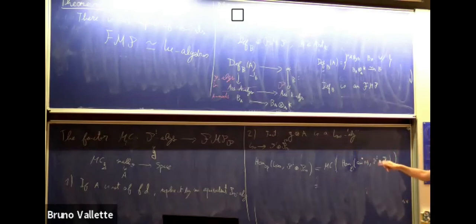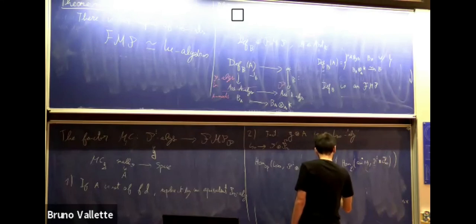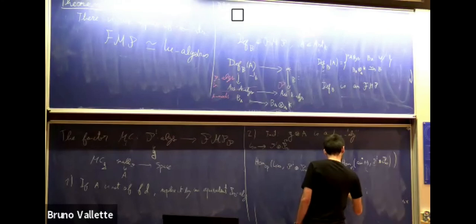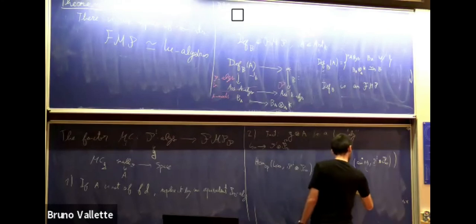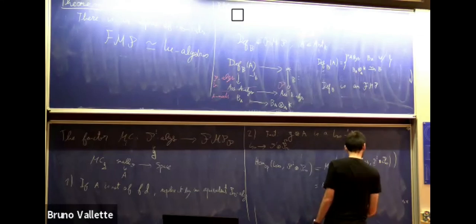And there is a Hom-tensor adjunction, so you can just move this one here. So this is Maurer-Cartan elements on Hom sigma of the dual of this to P infinity.